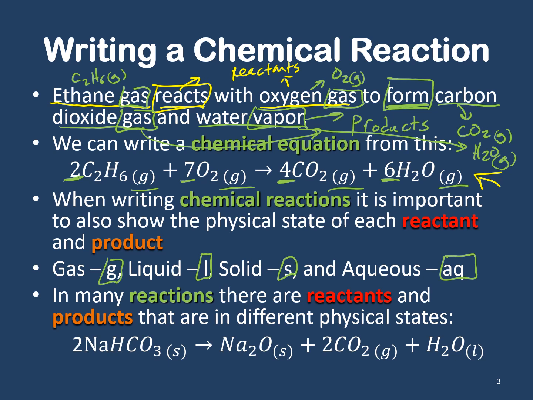For instance, here we have our reactant, sodium bicarbonate, in the solid state, forming sodium oxide, also in the solid state, and carbon dioxide gas, gaseous state, and water in the liquid state. So you can see here we have three different physical states in the same chemical reaction. This is totally feasible and happens often.